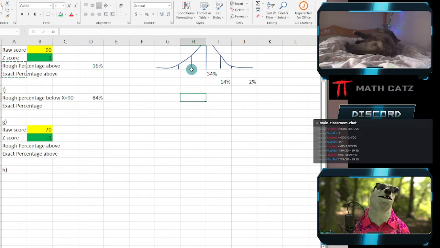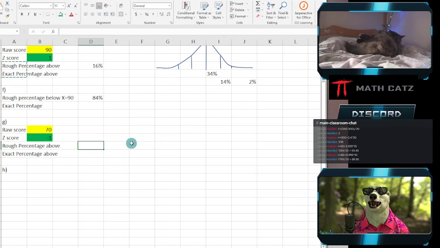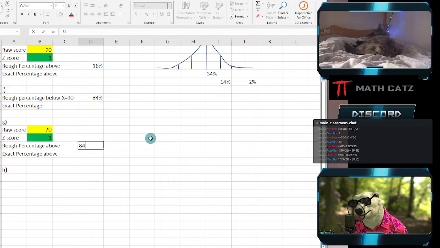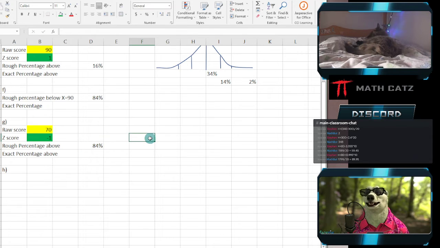I'm looking for above, so it's half the graph, which is 50, and another 34 sits over here. If you don't even want to do that, you can say, well, we can do that in our head, right? It's 84 rather. 84% sit above this line over here. 50 because of the half, the top half, and then another 34 over there. Exact percentage, we're going to get to that.